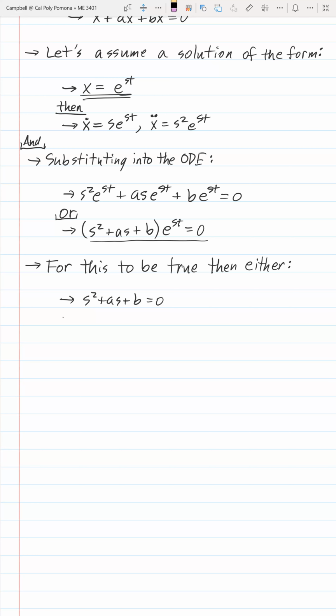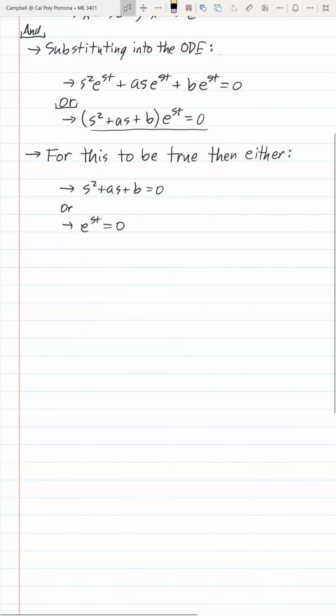Or, of course, another way to do it is to say that the other part of the product, specifically e to the st, is equal to 0. So we can go either one of those ways to get to 0.